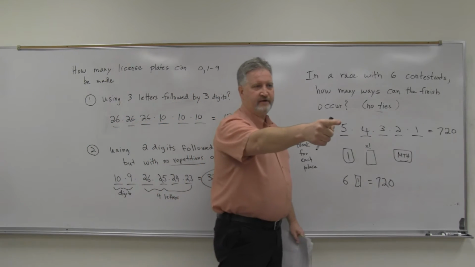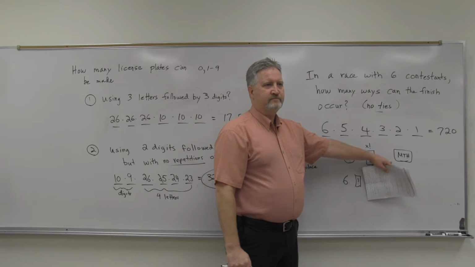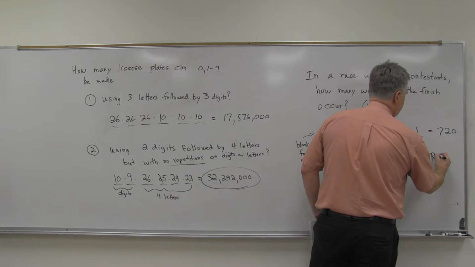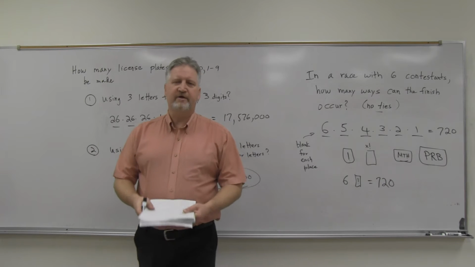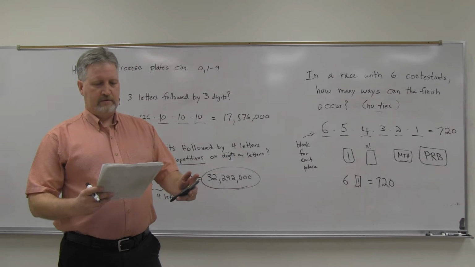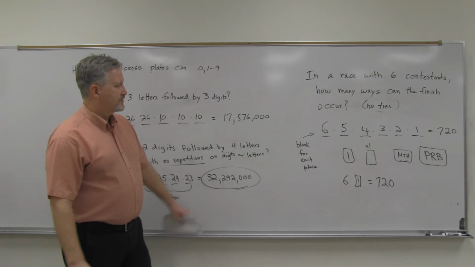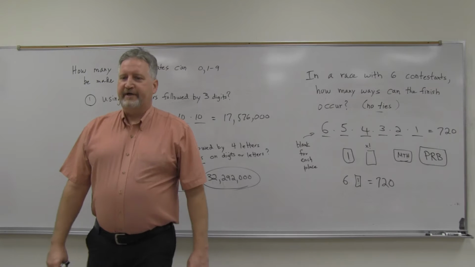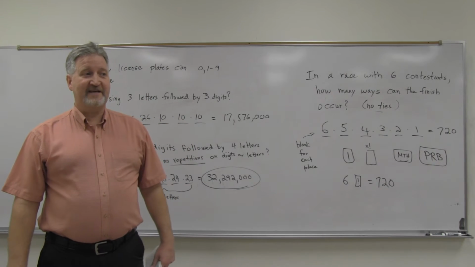Do you have an MTH button? How about a PRB button? Could be a PRB. Got PRB? All right. So hit 6 and then hit that PRB and then the exclamation. See what you get. Yeah, if you go through those steps, you should get 720.